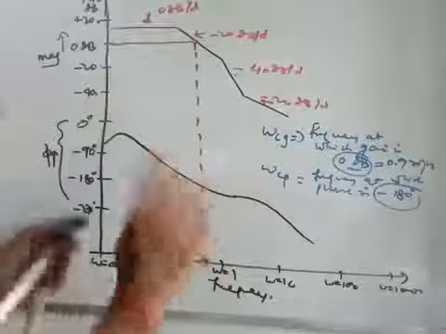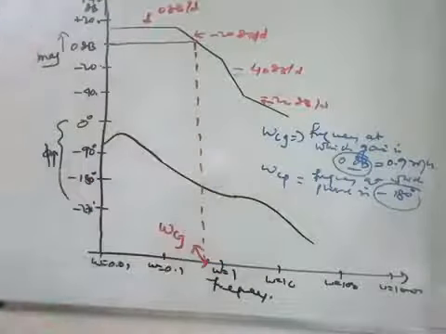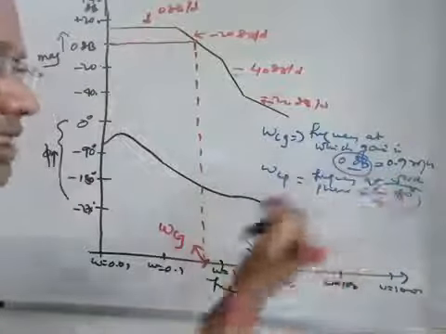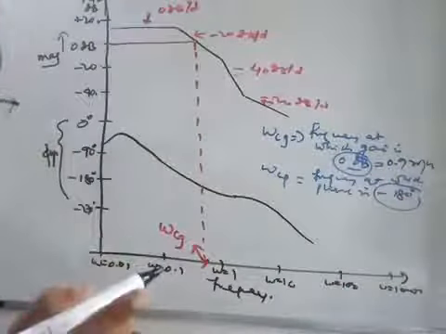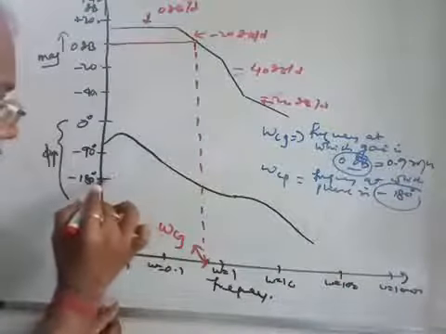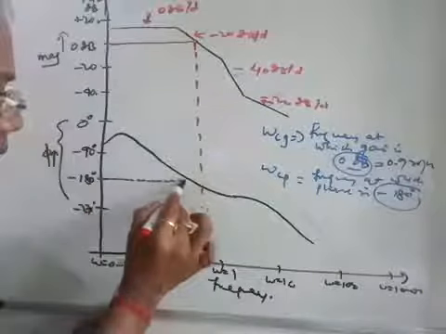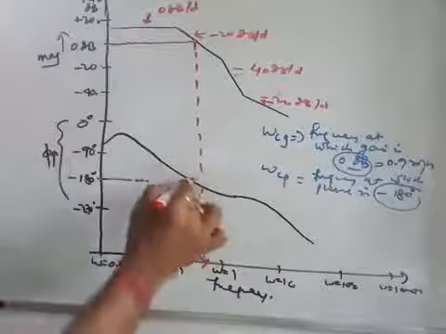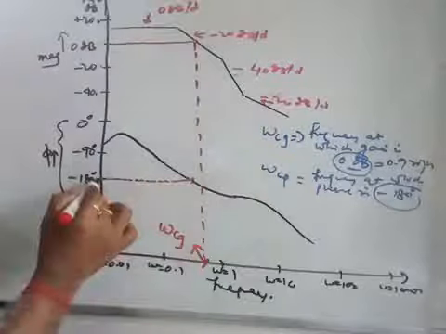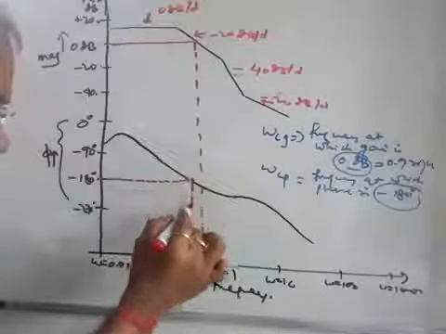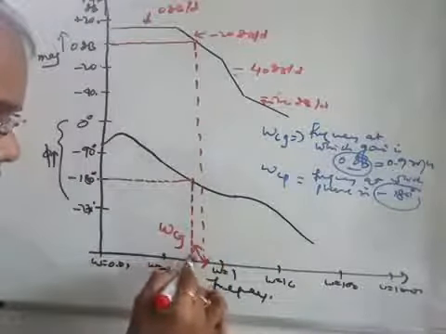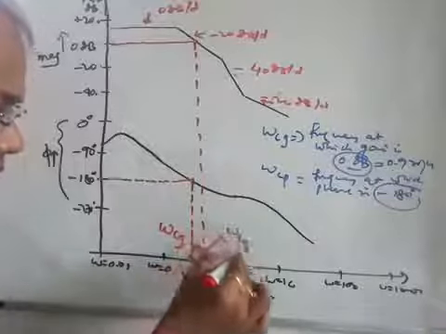So here we follow the same procedure: the frequency at which phase is minus 180 degree. We first identify the point where the phase is minus 180 degree. So here you see the phase is minus 180 degree, and that corresponds to a point which is omega Cp.